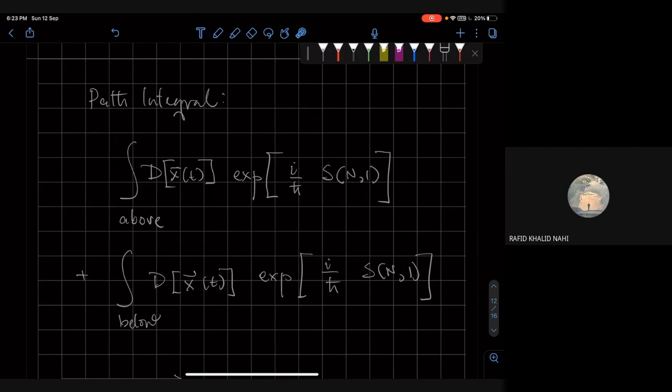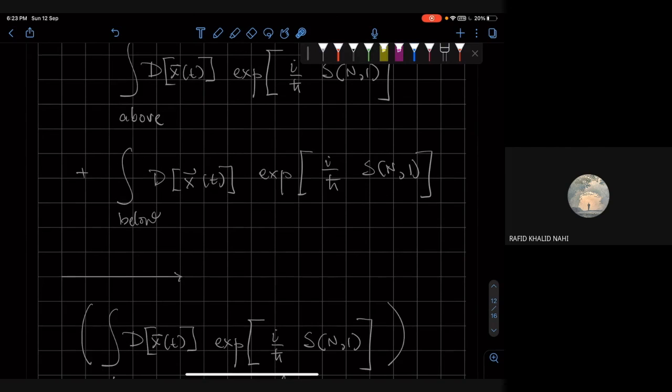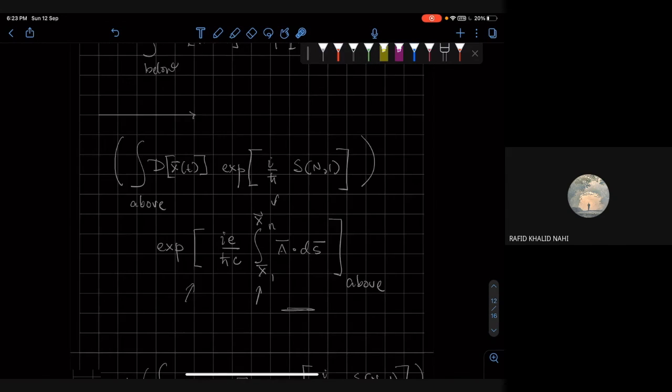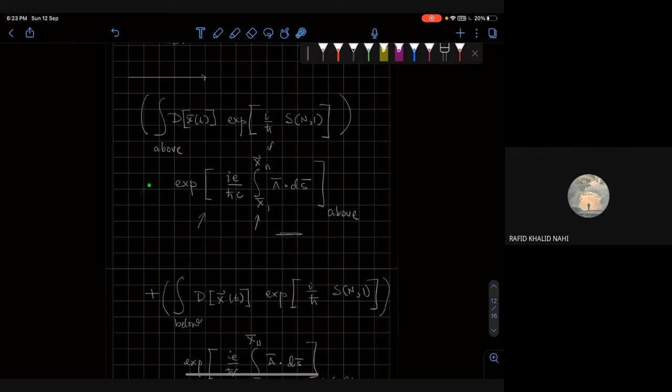If we now turn on the magnetic field, then the above contribution will pick up this factor. And this contribution is independent of the path, but it depends on the fact that all the paths go above the cylinder.